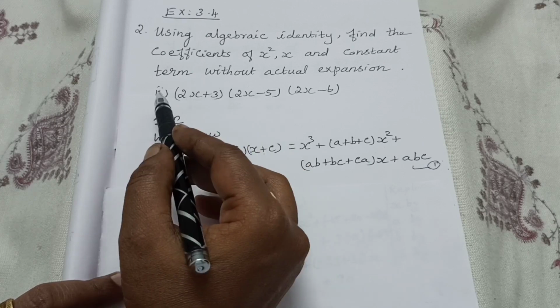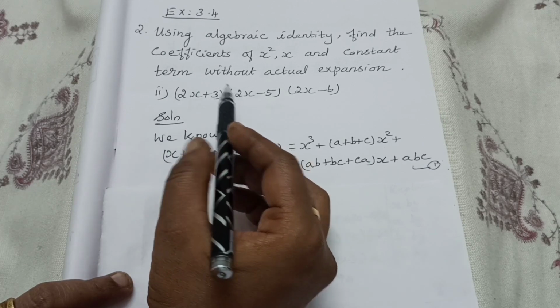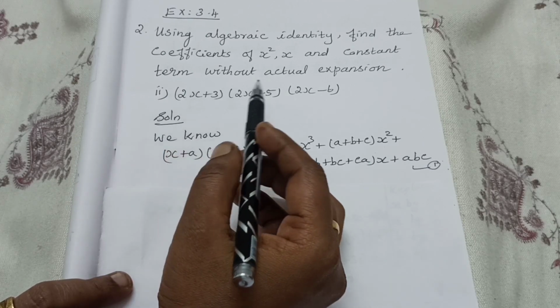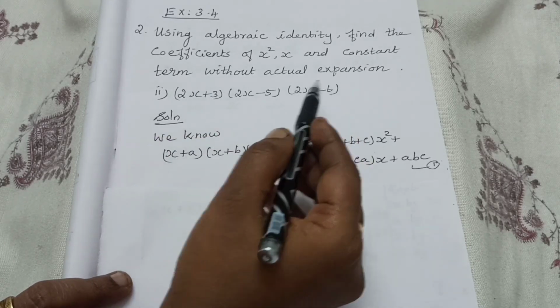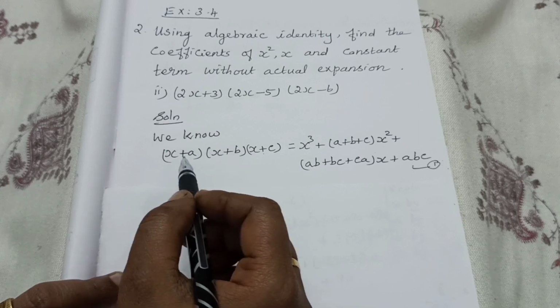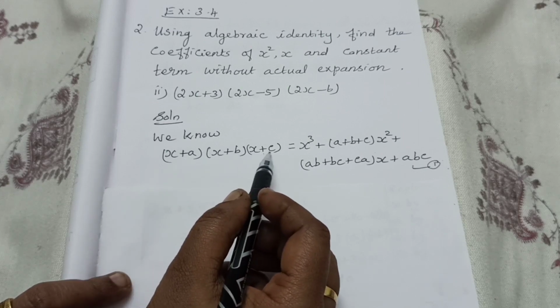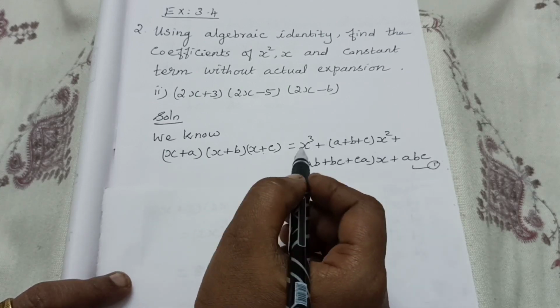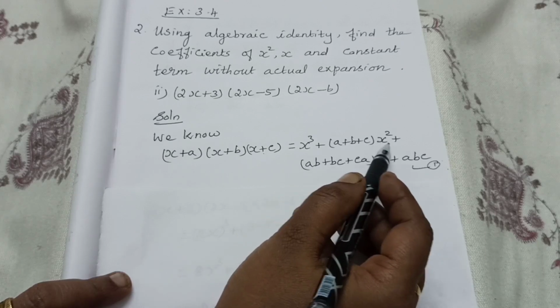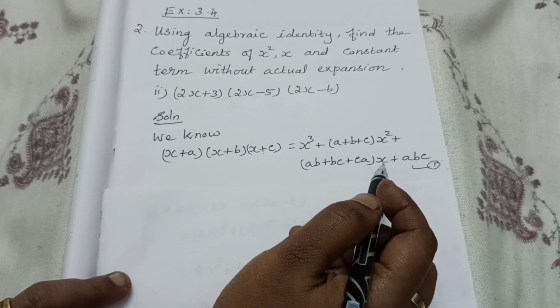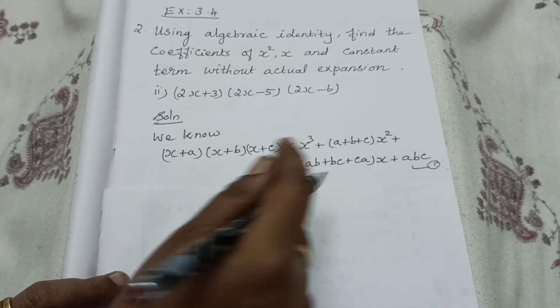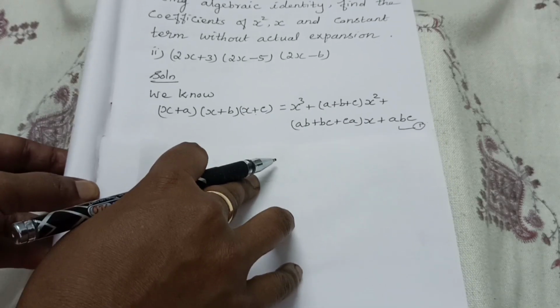The first one is homework, you do it. For the second question, three binomials are given. Product of three binomials. What's the formula? (x plus a)(x plus b)(x plus c) is equal to x cube plus (a plus b plus c) into x square plus (ab plus bc plus ca) into x plus abc. This is the formula.